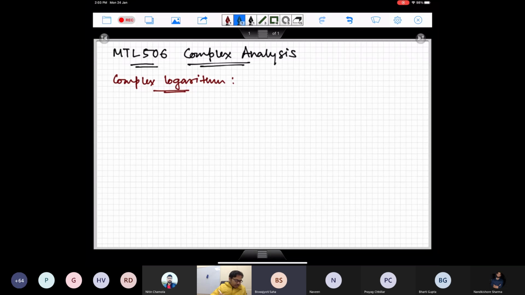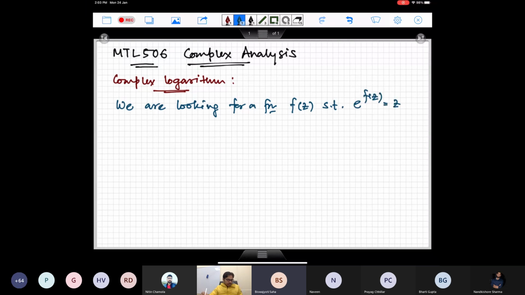We are looking for a function f of z, I am not saying the domain at this moment, such that e power f of z is equal to z. That is what ideally we would like.